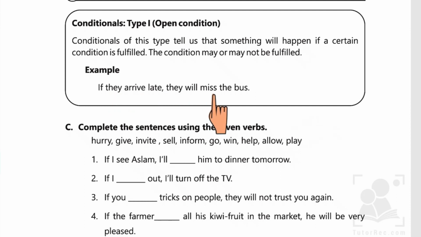The way to construct an open condition or type 1 conditional is you use simple present tense in the first clause, that is the conditional clause, because it is constructed with if. As you can see, this part starts with the word if.